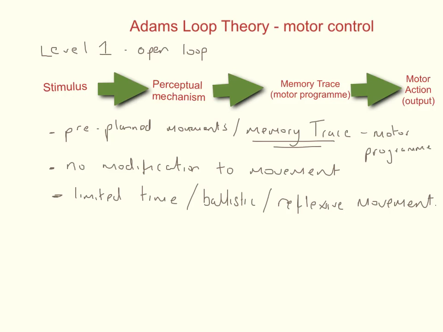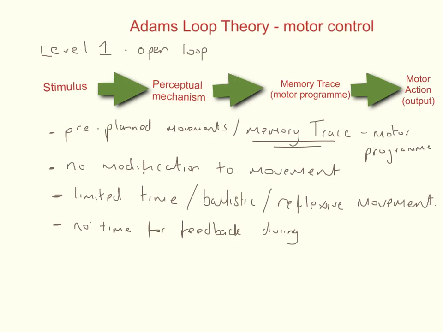Now, because the movement happens so quickly, there's no time, and this is the main reason why we can't adjust the movement, because there's no time for feedback during the movement.